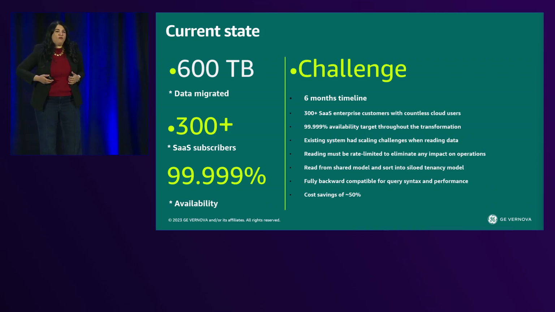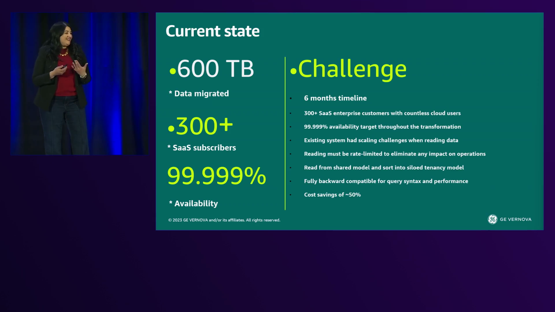I'm sure many of you have more data. It's the nature of data and the SaaS system in which this transformation needs to happen. We have 300 SaaS enterprise customers. They bring in thousands of their users to the system. As everybody is using this live, the data store is getting changed from Cassandra to Keyspaces. And that's what makes it challenging.